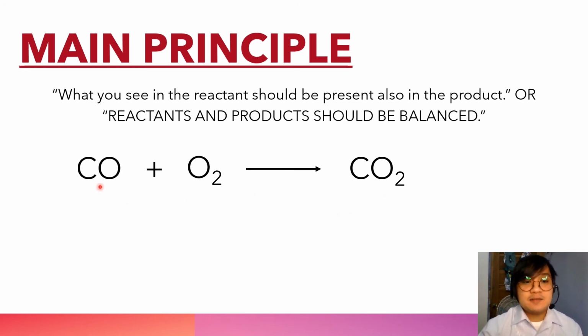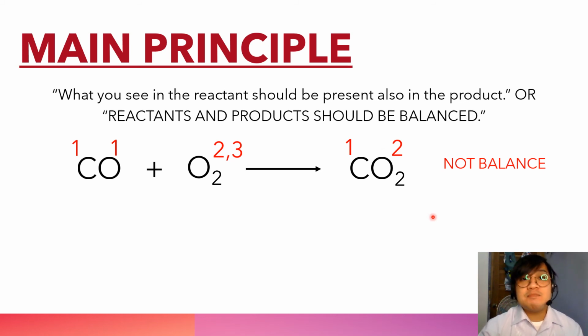As you can see, for the reactants we have one carbon, one oxygen, and two more oxygen, making three oxygen. While for the product, we only have one carbon and two oxygen. As you can see already, there is an imbalance in the number of atoms. Therefore, this one is not balanced. Specifically, oxygen is not balanced between the reactants and the product.